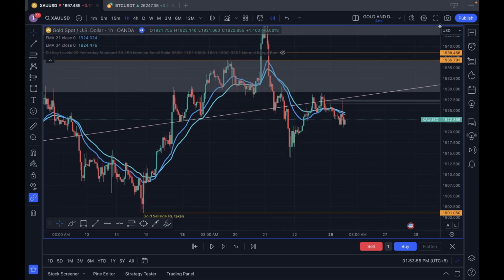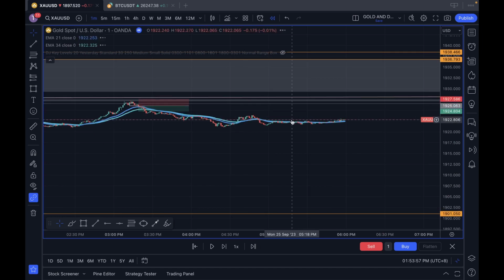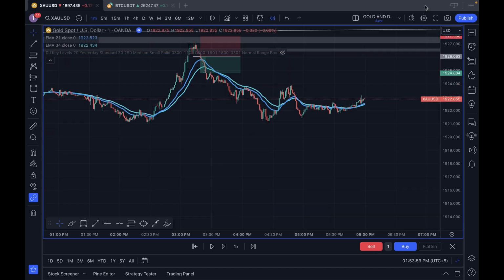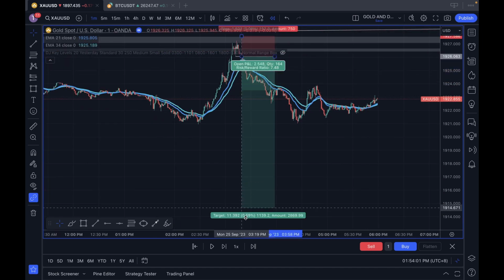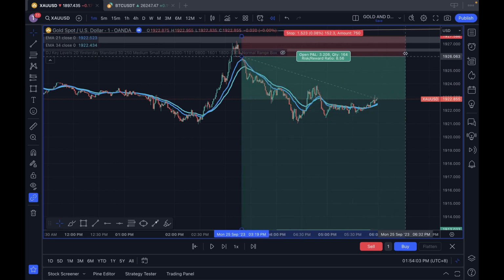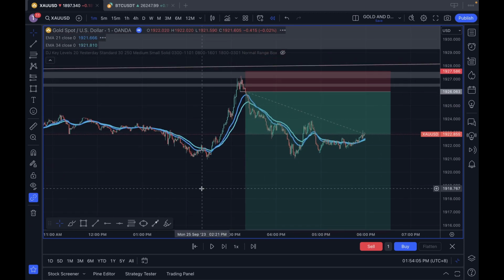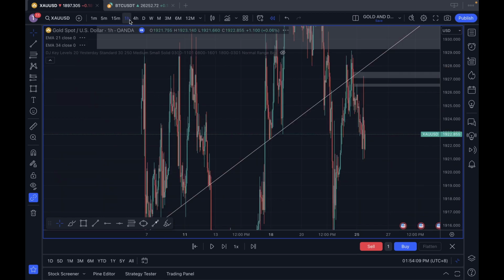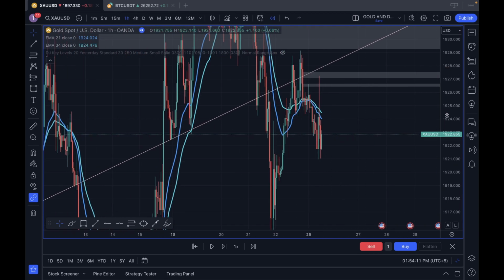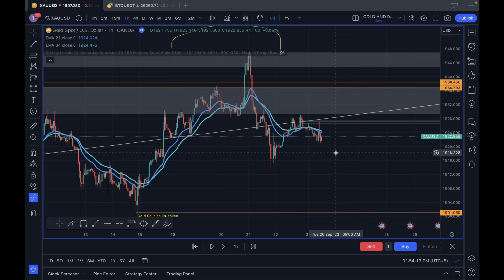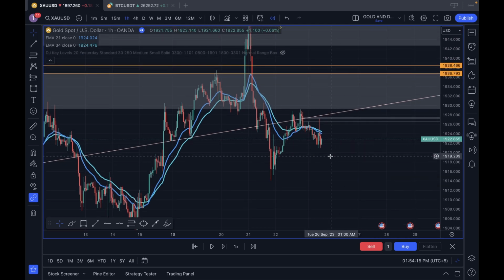Coming back to the H1 chart, oh sorry, the 1 minute chart. So that was my entry right there. Okay, and then once I enter a trade, I try not to manage my positions. I'll just zoom out again on the H1 chart. Okay, I'll just set alerts. Let's say once price reaches an area of maybe an FVG area, I will set an alert.